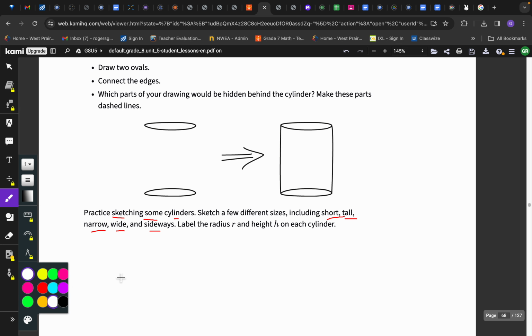What it means by drawing a dashed line, so you can see on that, it said, make the parts that you can't see, which parts of your drawing would be hidden? We're going to pretend that, make these parts dash lines.